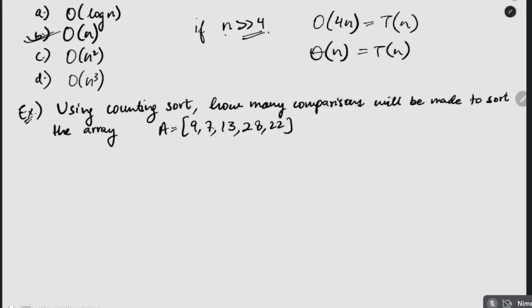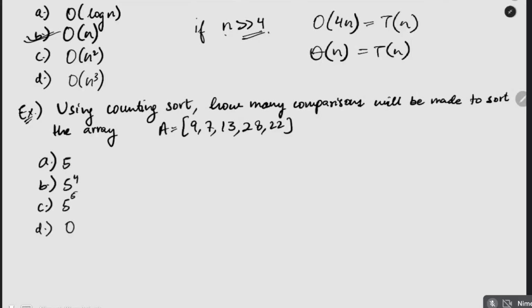The options are 5, 5 to the power 4, 5 to the power 5, or 0.